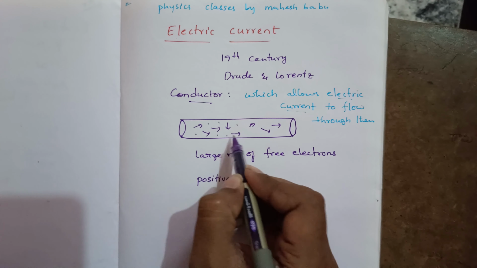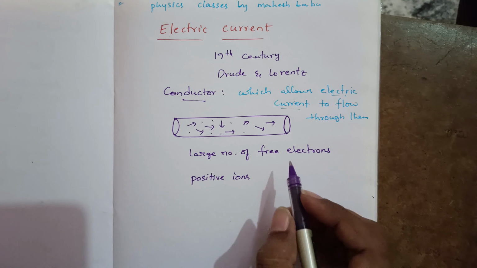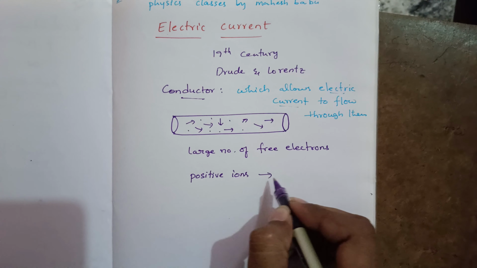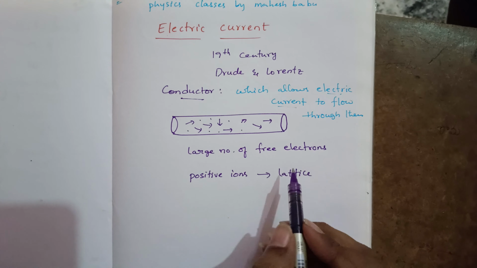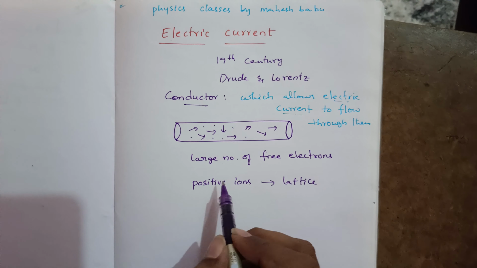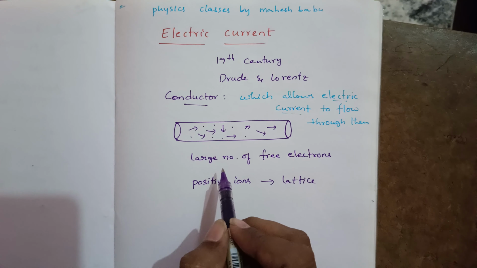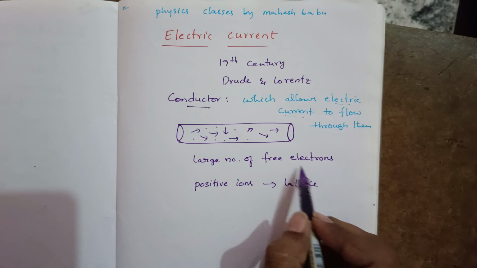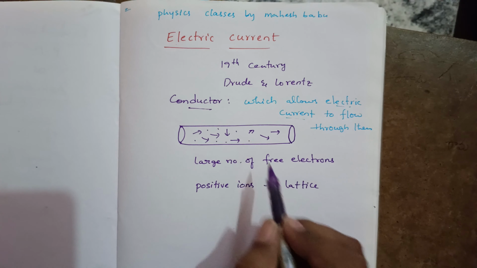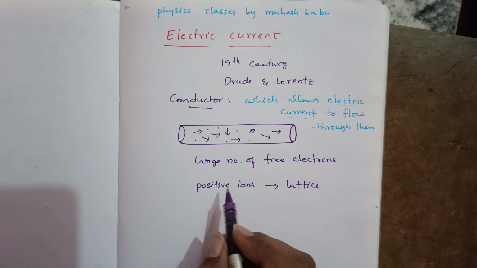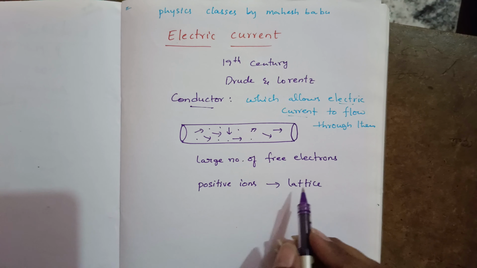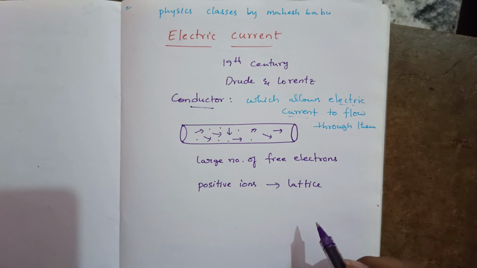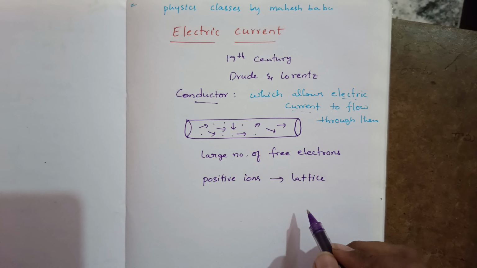Positive ions fixed in their locations is known as lattice. Positive ions are fixed, they won't move. Only electrons will move. That's why free electrons, free to move in a conductor. That is lattice, fixing of positive ions.